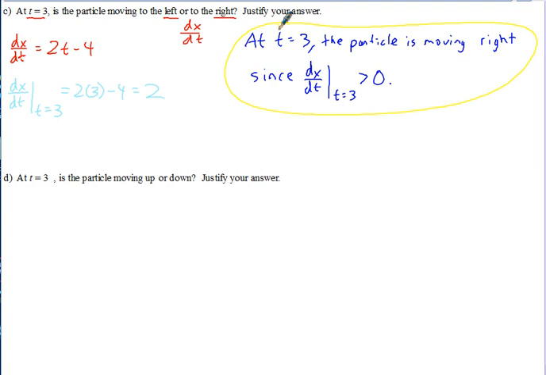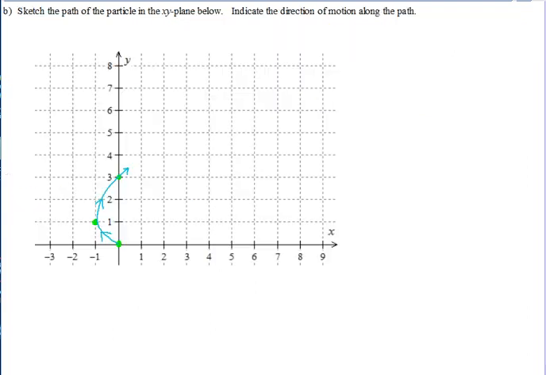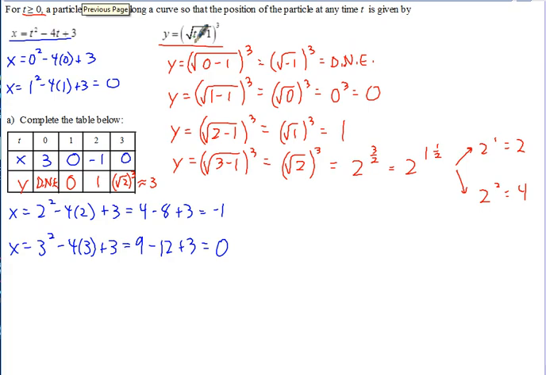And now let's find at that same time, 3, is the particle moving up or down. Up or down, that has to deal with the y-coordinate. So this time we're going to have to look at dy dt. So this time let's rewrite y, so it's a little easier to take the derivative of. Instead of t minus 1 cubed, that's the same as t minus 1 to the 3 halves.